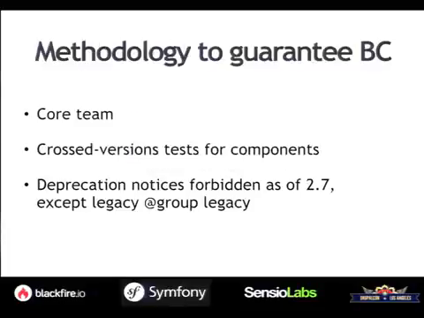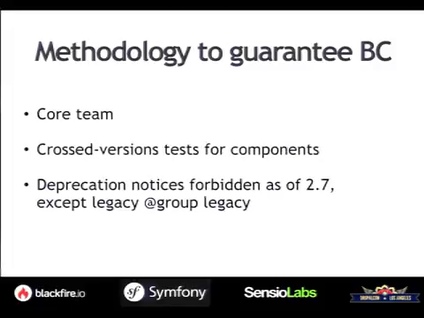Okay, so that's how we can make sure in the code that things work the way they need to work, really. And then we can guarantee that because the core team makes sure that you are adding the deprecated stuff whenever it is needed. We check with Travis that we don't break unit tests.